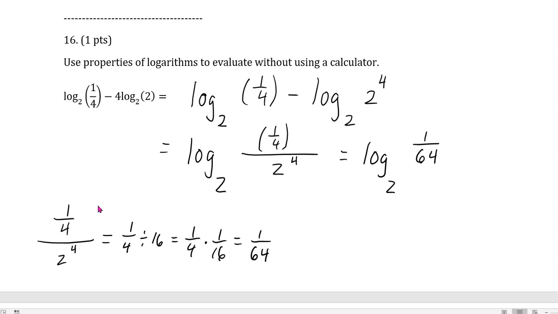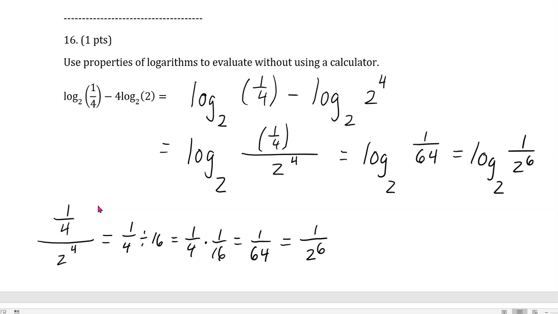If we want, we can write 64 as a power of 2. 64 is 2 to the 6th. This becomes 1 over 2 to the 6th. We can now write this as the logarithm base 2 of 1 over 2 to the 6th.